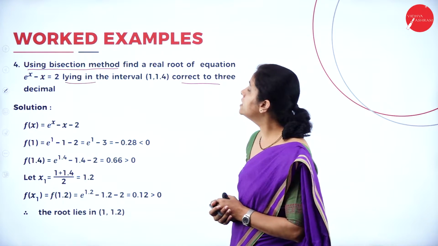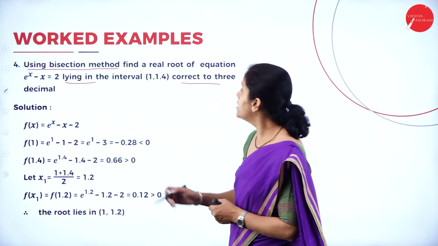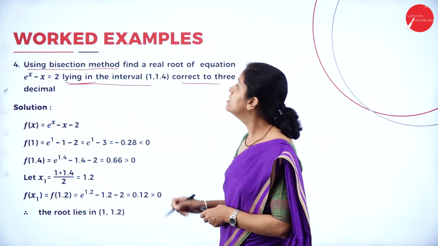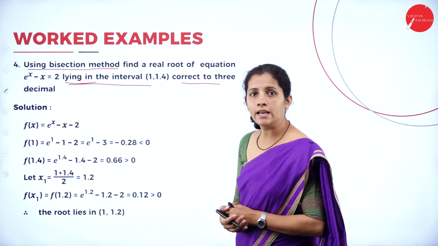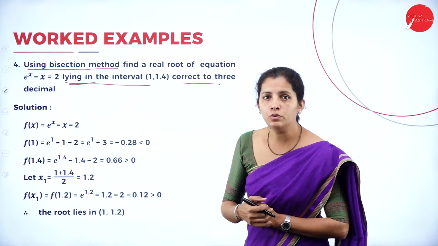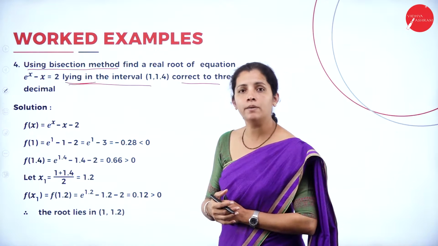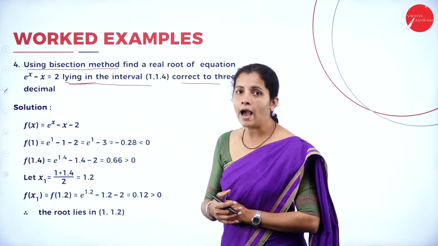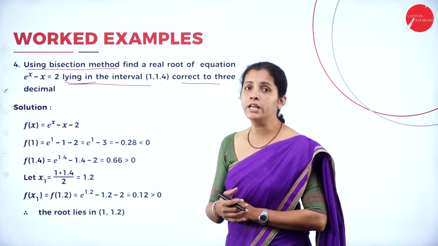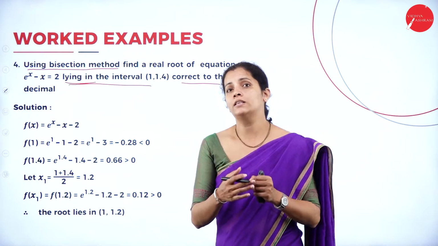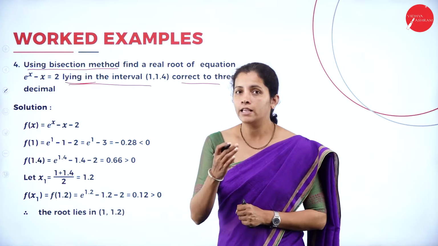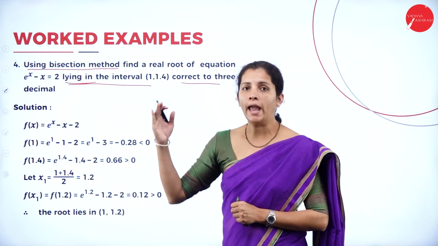So dear student, suppose in the question they did not mention the interval, then what do we have to do? We have to use the trial and error method. That means we have to start substituting x values. So x starts from 0, 1, 2, 3 up to n.